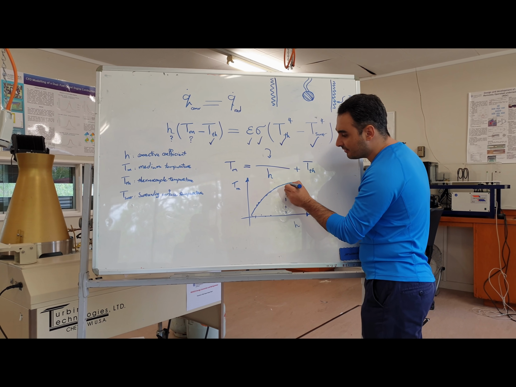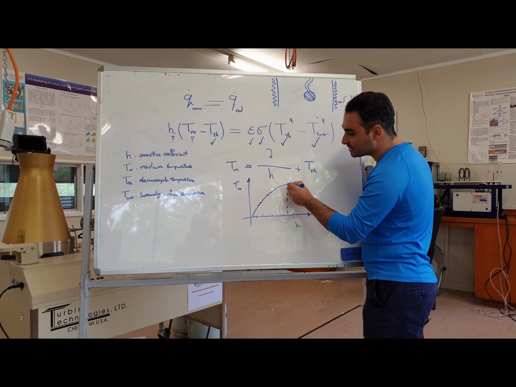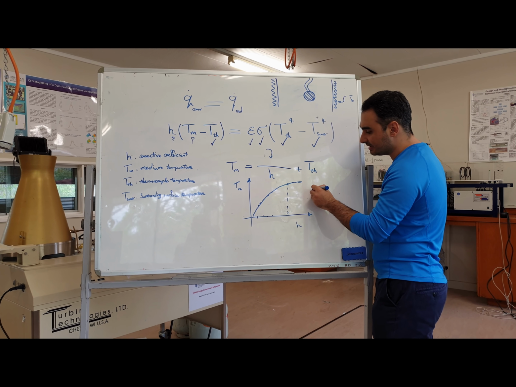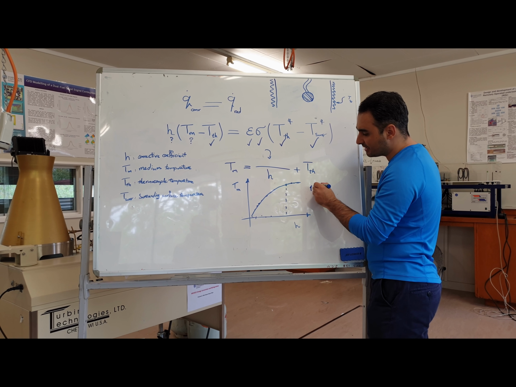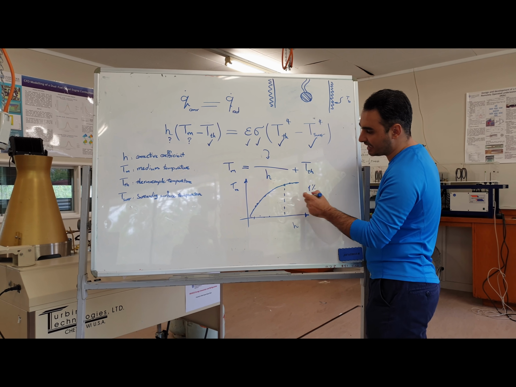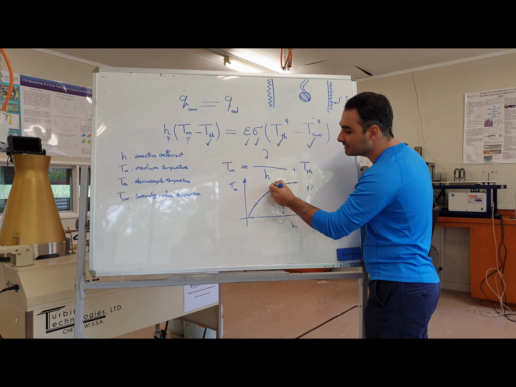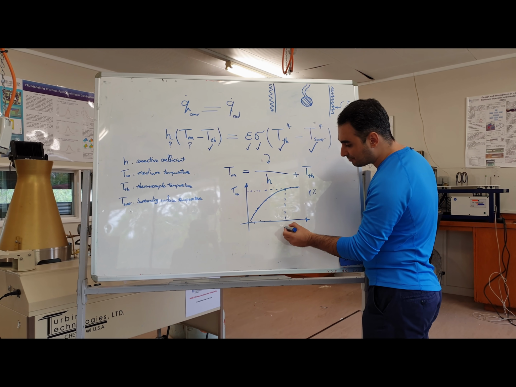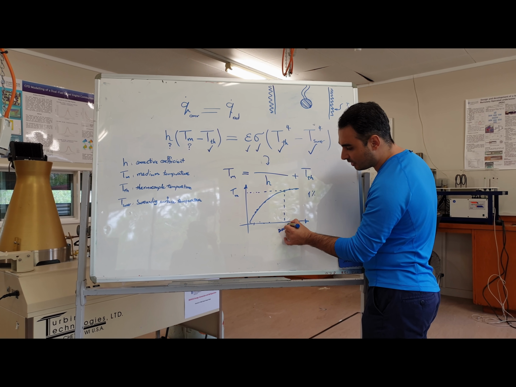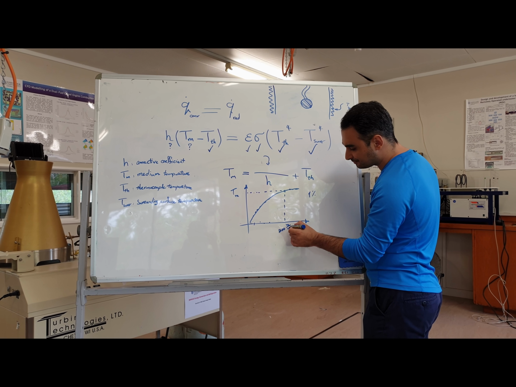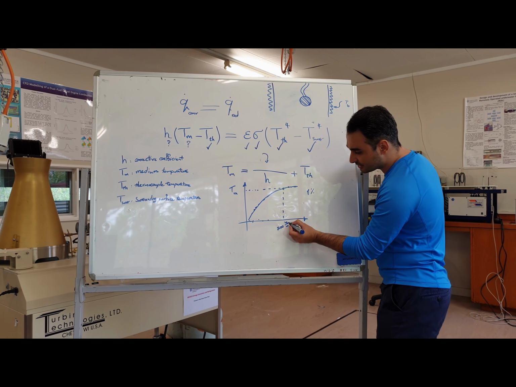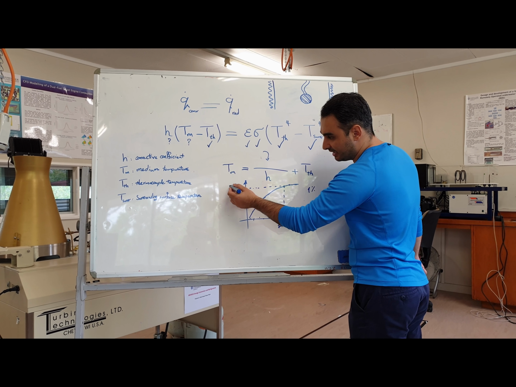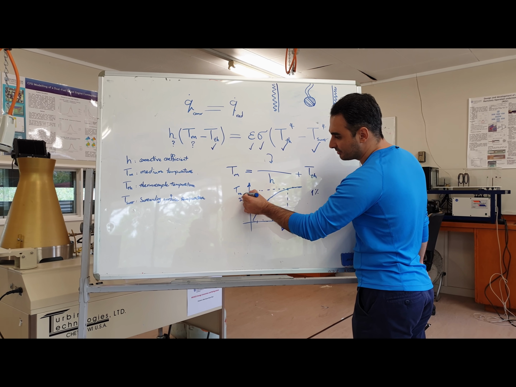You are going to say, for example, if the change of the Tm for this point and the point after that is less than, for example, 1%, I'm going to select this point as the final point and read the Tm, which is the medium temperature. For example, it is going to be 200 watt per meter square Kelvin for H, and the corresponding Tm temperature is going to be 23, for example, degrees.